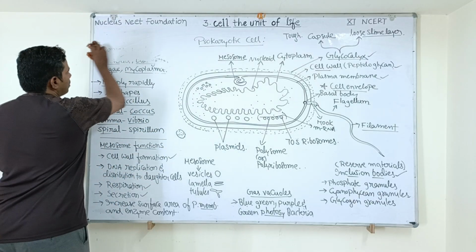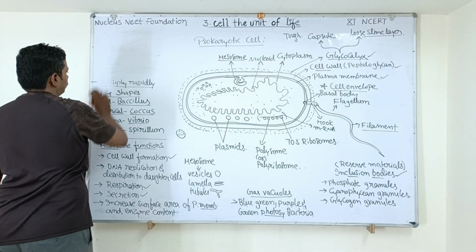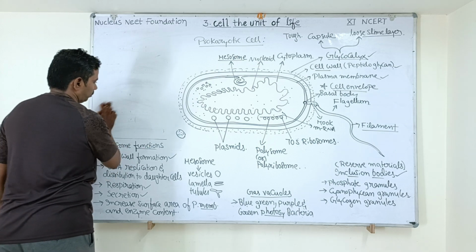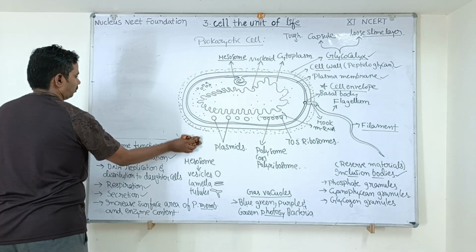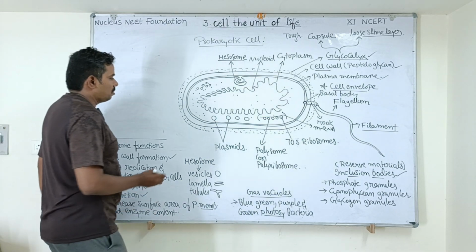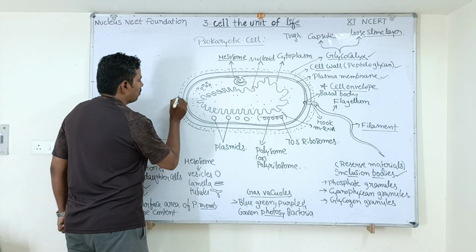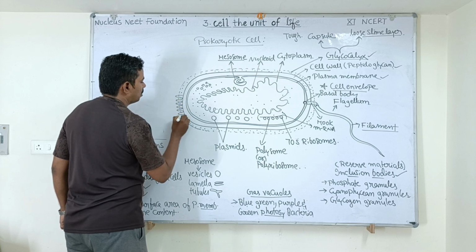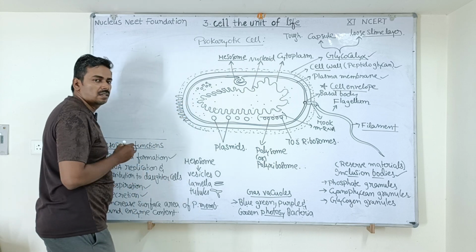Friends, let me erase a portion of the board. Look here students, in the bacteria there are bristle-like structures on the outer surface of the prokaryotic cell.